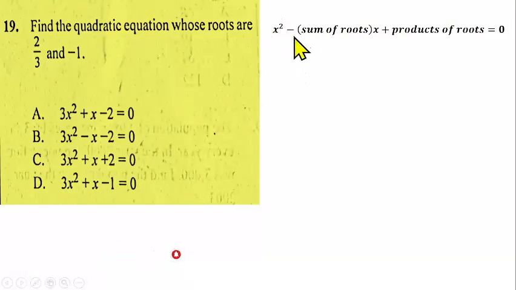So you have x squared minus open bracket the sum of the roots multiplied by x plus the product of the roots equals 0. For the sum of the roots, we need to add them together.